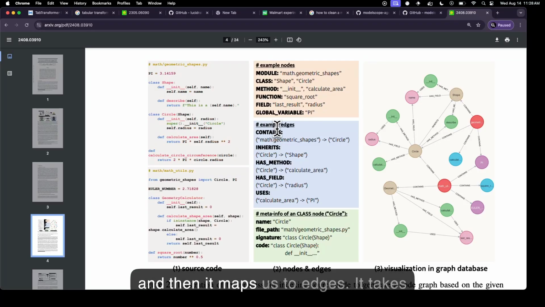So it takes the source code and then it maps this to edges. So it takes the name of the class, I guess, the file path, and the signature, and then it puts that on a graph. So you can see here Circle has method and has field. They're parsing all the classes in this file, and then they're going to automate the process.